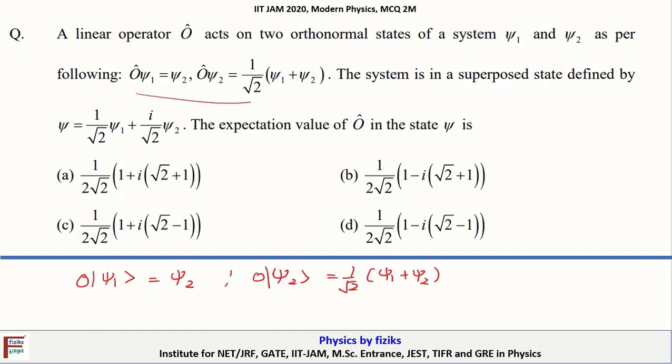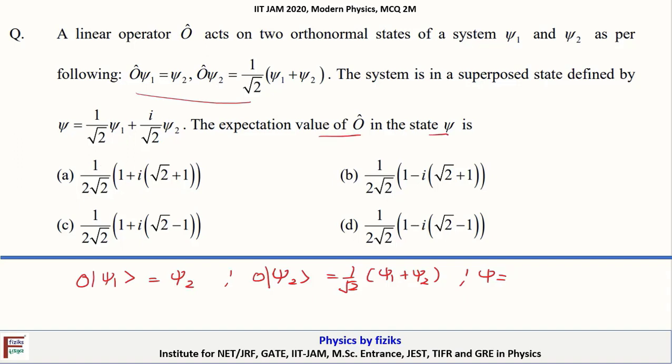The system is in a superposed state defined by psi. We have to determine the expectation value of O in state psi.